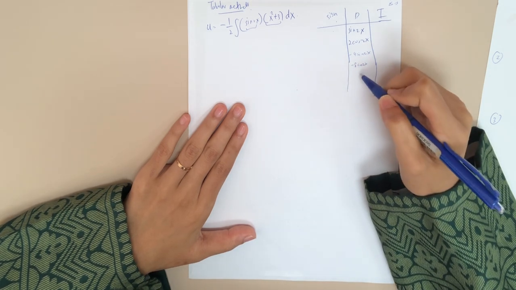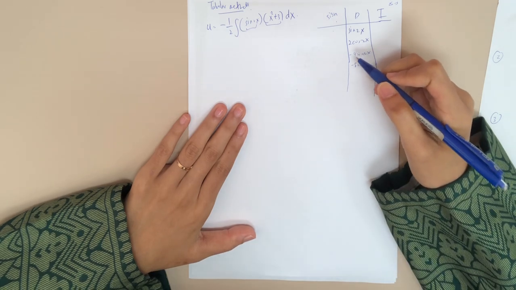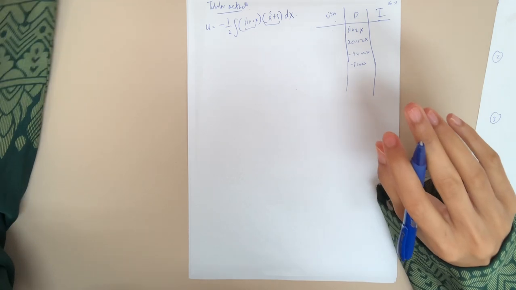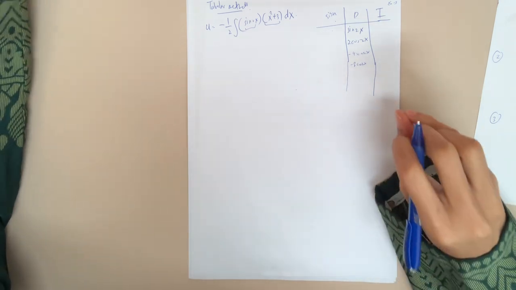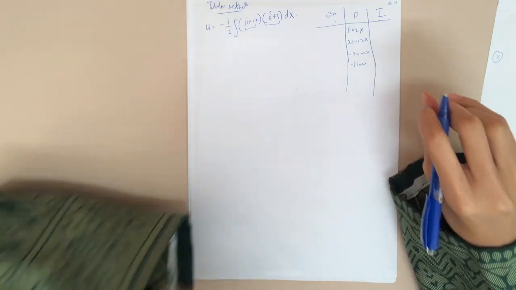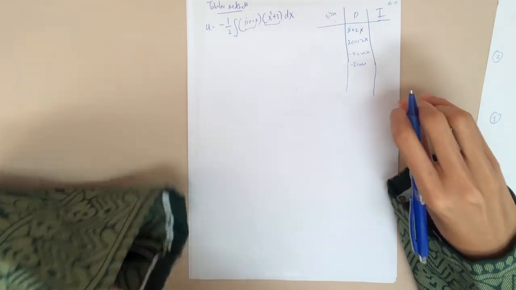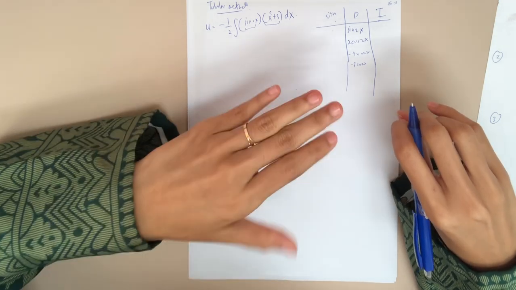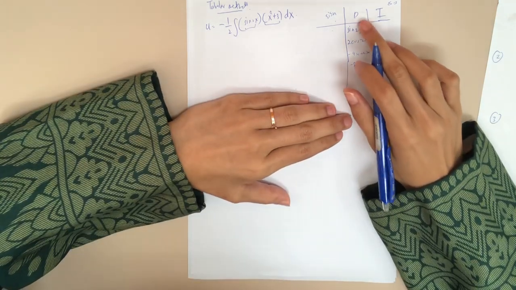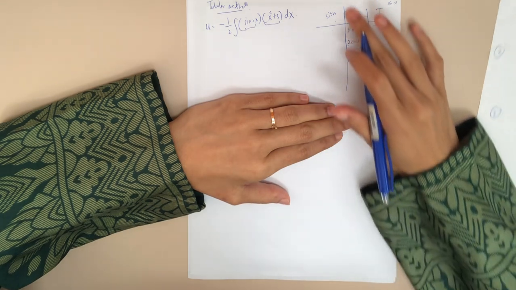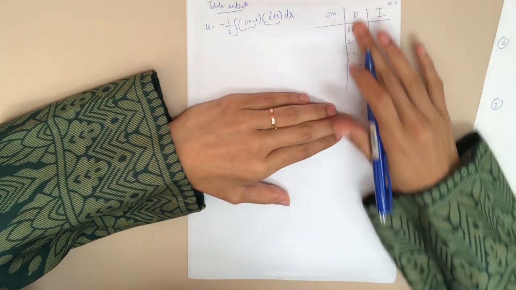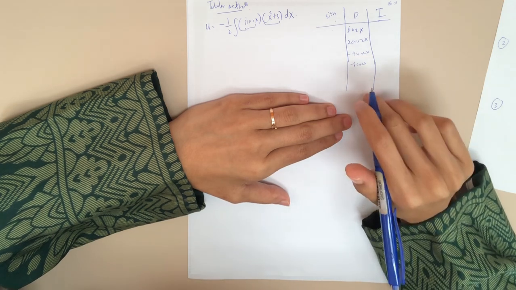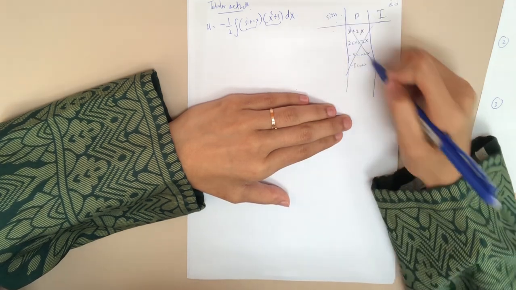You can see the pattern here, it alternates between sine and cos. You cannot get 0 at the end. So this means you put it in the wrong place. Sine 2x cannot be put in the differentiation column, because at the end we cannot get 0. So this is wrong.